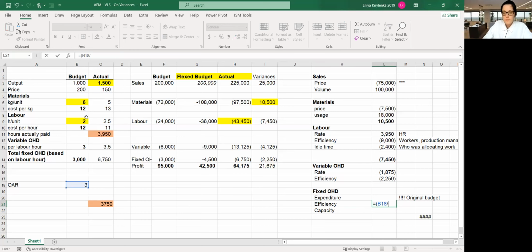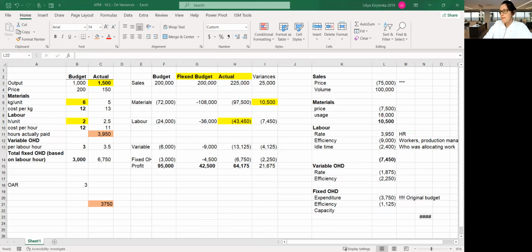So we will divide that by this 2. Okay, and now we will need to find out the difference between labor hours. So minus 2.5 minus 2. We will need to multiply that by actual units. And now we need to think about whether it's good or bad. Well, efficiency got worse because we spent 2.5 instead of 2. So it is minus 11.25.